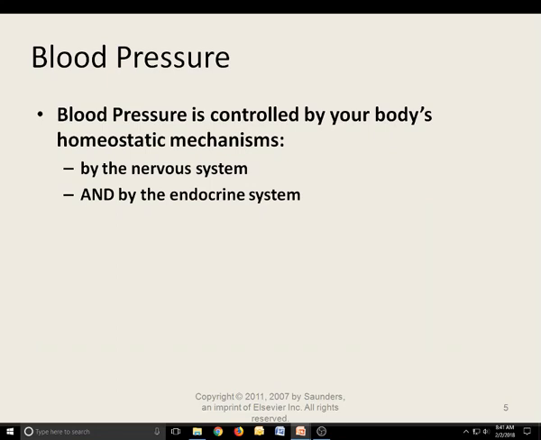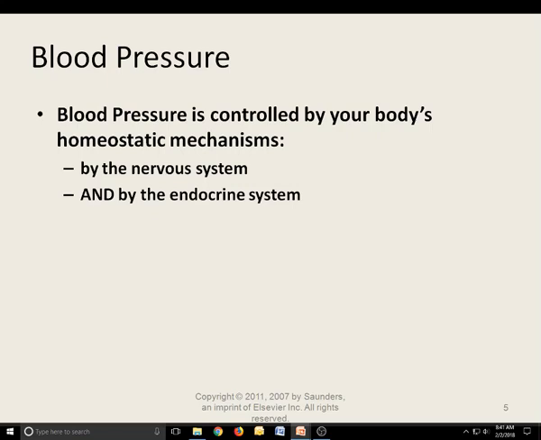Okay, there are two mechanisms that control your blood pressure. So this is homeostasis once again. A healthy body needs to stay within a certain range, right? If your blood pressure gets too high or too low, this can cause all kinds of health issues. Because of homeostasis, your body's going to work to keep your blood pressure within a certain range.